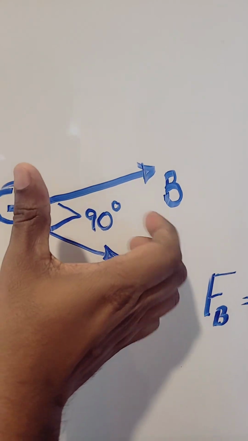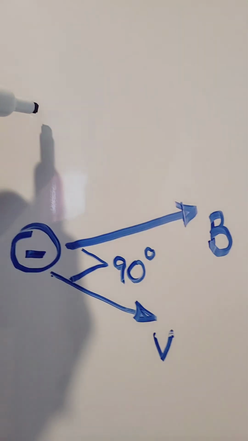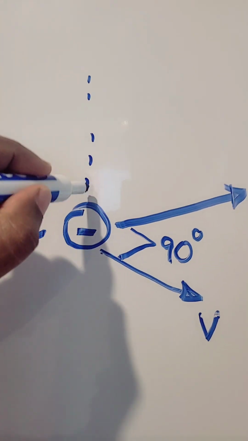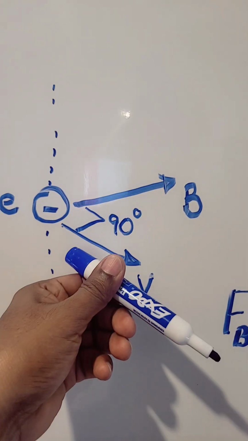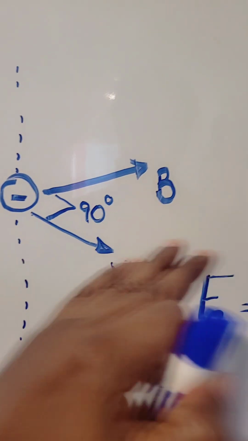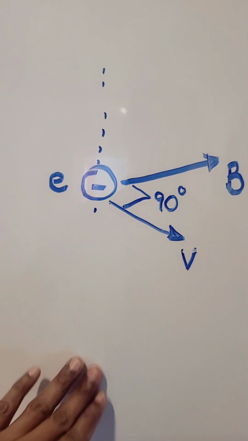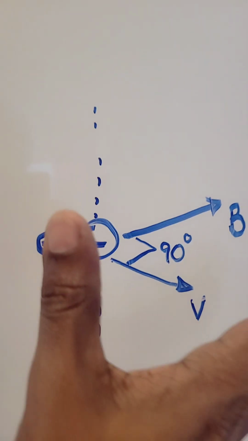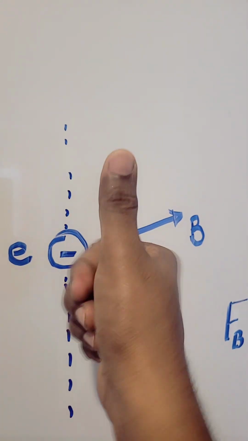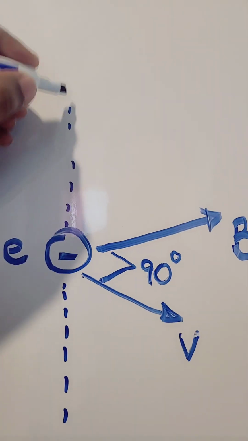The thumb is pointing in a perpendicular direction to the plane where you have the velocity vector and the magnetic field vector. So v and B are on one plane, but the force vector is perpendicular to that plane. If you use your right hand rule, you will see the force vector is pointing upward.